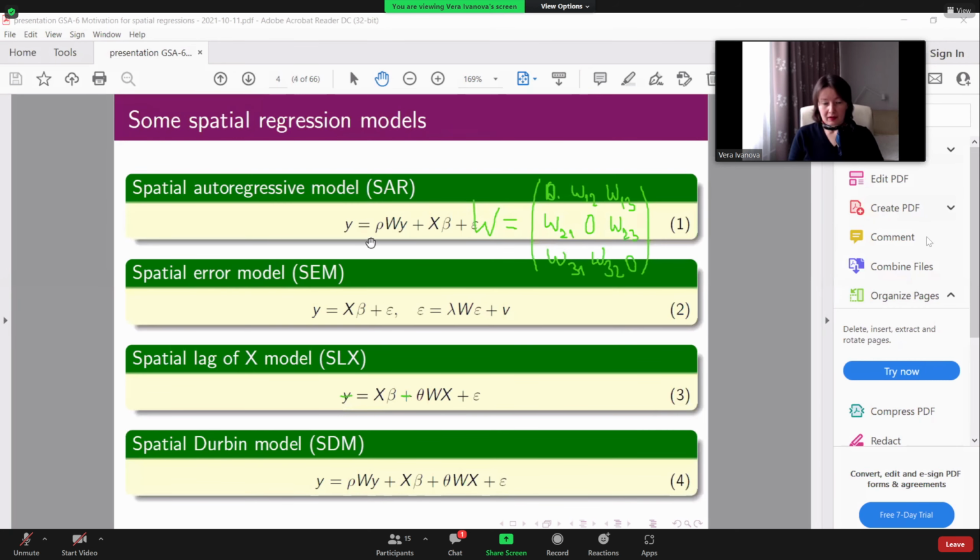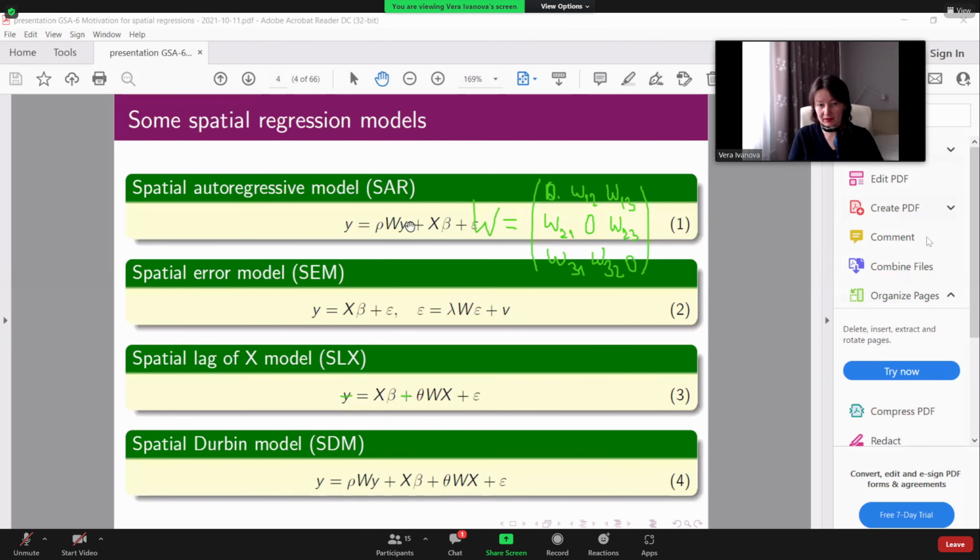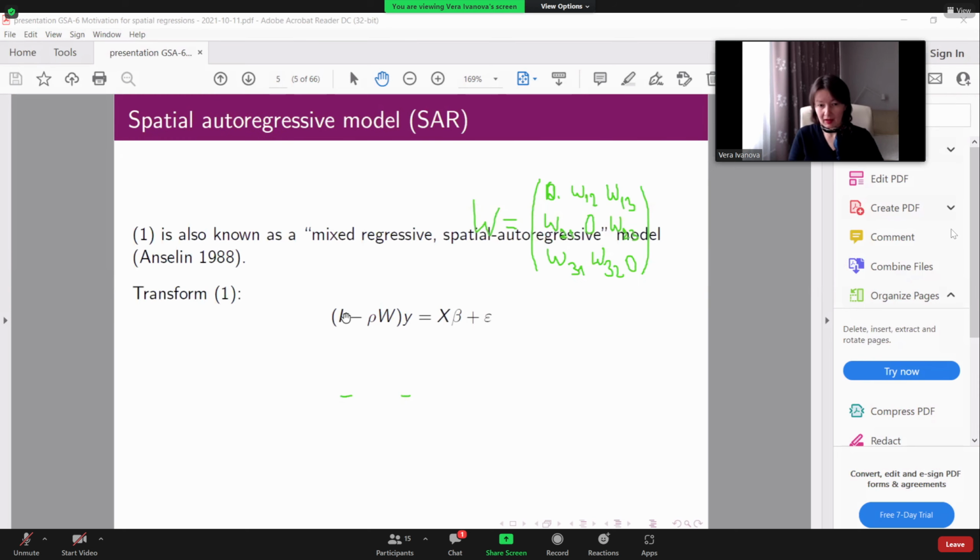Okay, let's start from the spatial autoregressive model. And we need to discover what to do with this term on the right-hand side. We need to move it to the main dependent variable, to the main term. We have done this.